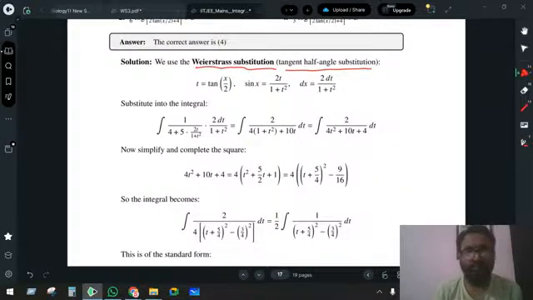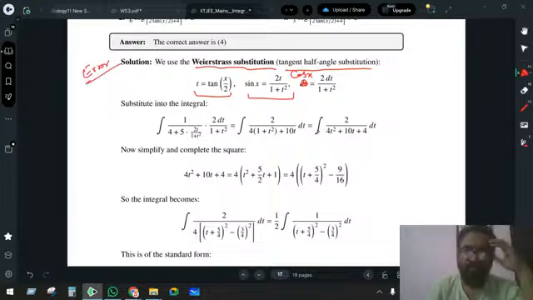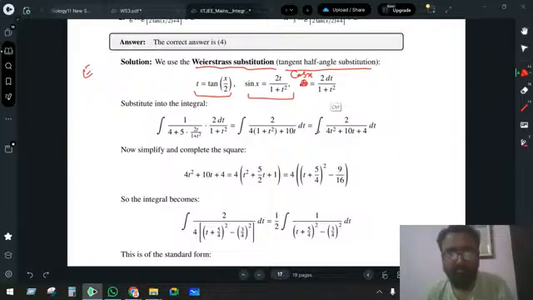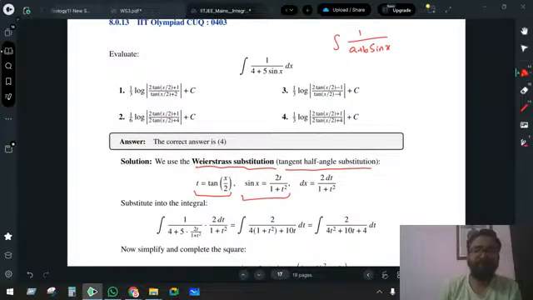Yes, sir. So here you have to take t equals tan x by 2. Then sin x is equals to 2t upon 1 plus t square. You should remember those. It is dx only, because we don't need cot x; we need cos x.